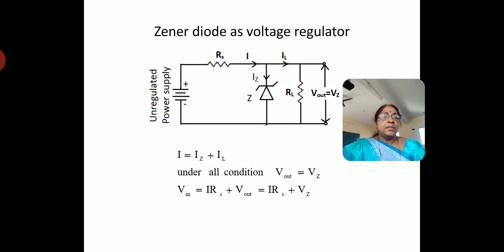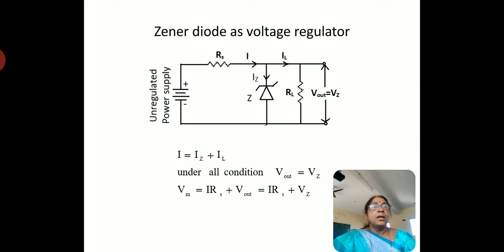So here we are going to vary the output load resistance and see whether the output voltage varies or not, and vary the input voltage and see what happens, whether the output voltage varies or not. By studying these two conditions, the voltage across the Zener diode is almost constant. That is why it is known as a voltage regulator.